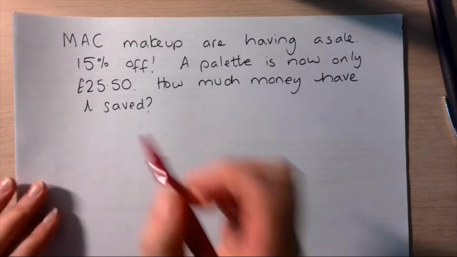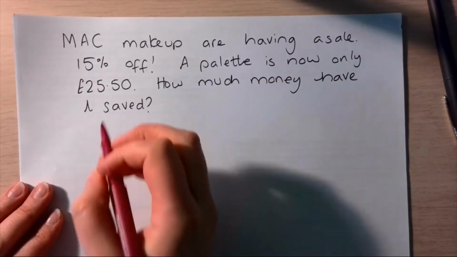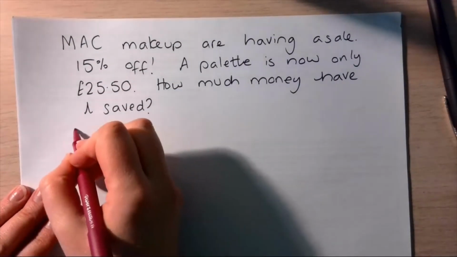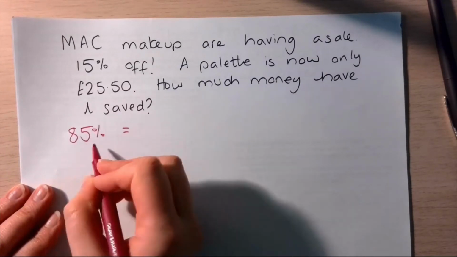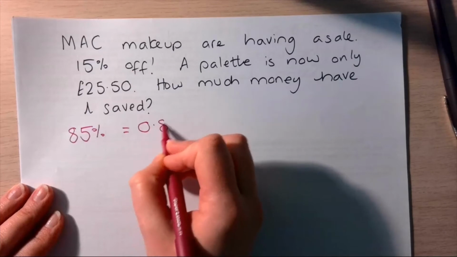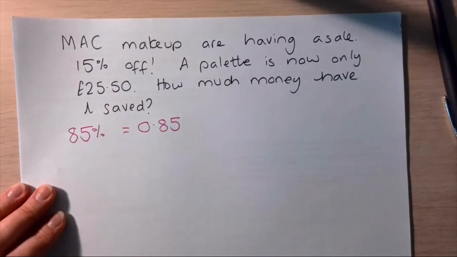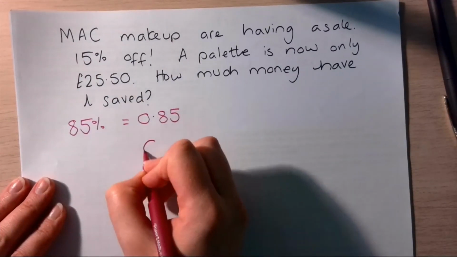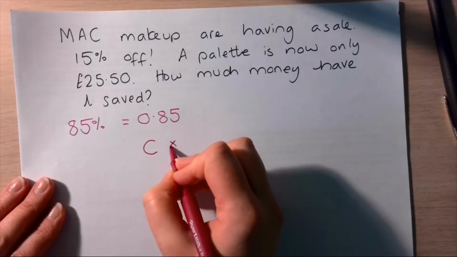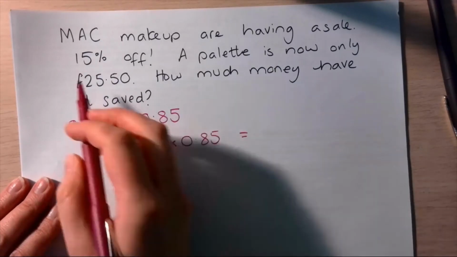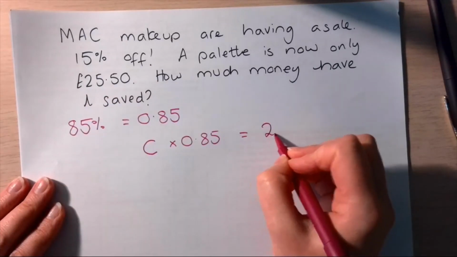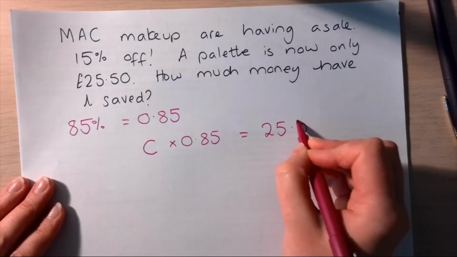Okay, so 15% off is 85% on. So we're paying for 85% of the original price. As a decimal, that is 0.85. So that's our multiplier. So our original price, C, multiplied by 0.85 equals our new price, which is 25.5, or 25.50.